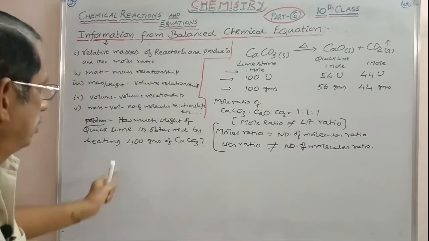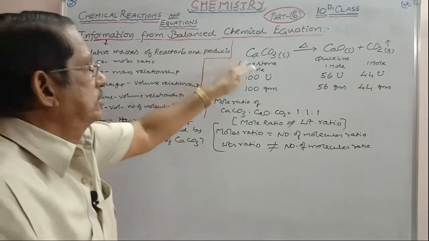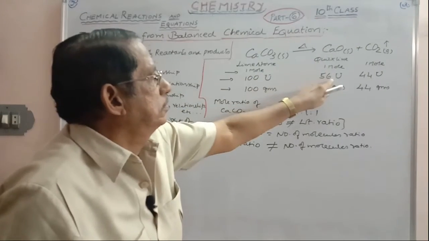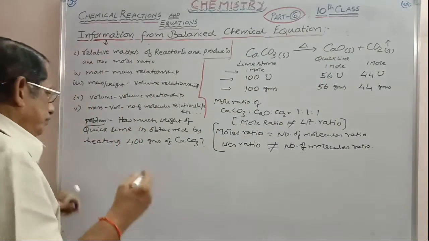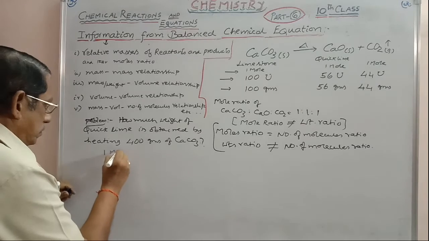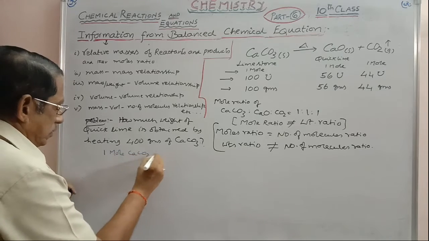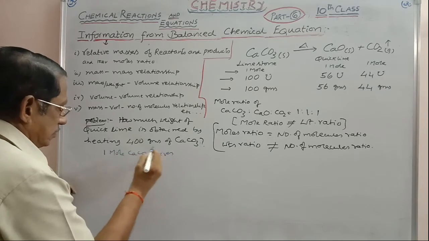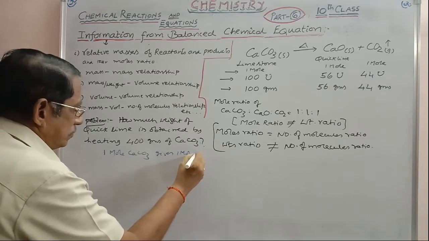So, weight relationship. 1 mole of CaCO3 upon heating gives 1 mole of CaO.